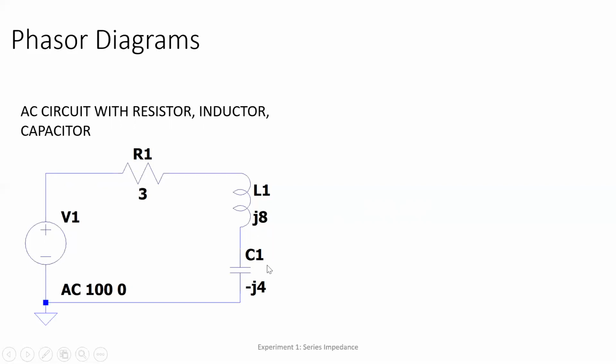So first, we don't know the impedance. So first, we need to solve for the impedance, Z. So Z is equal to 3 plus the imaginary parts.